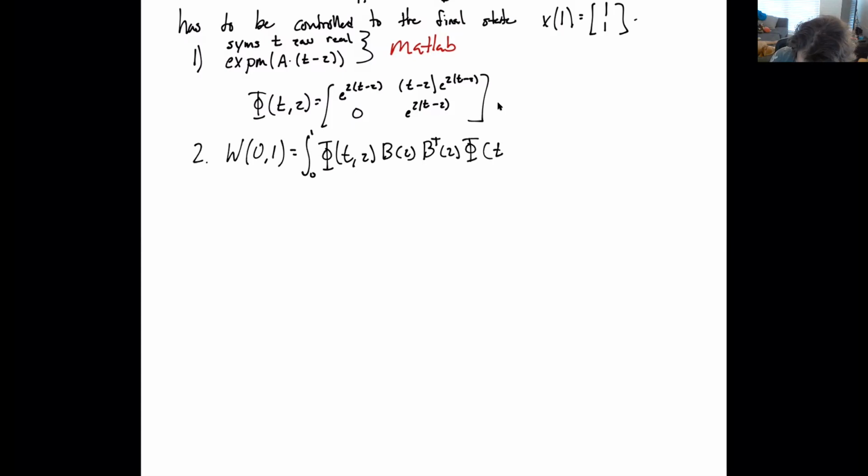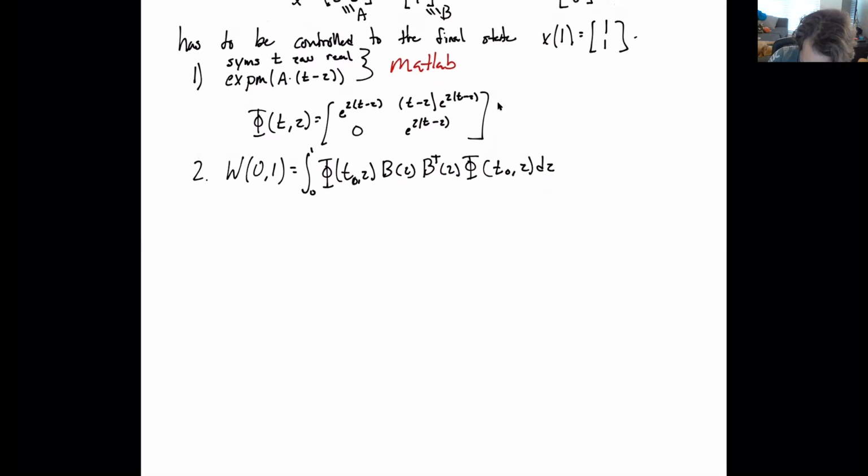This is from the definitions of our system. Note that our system is not time varying, so those time-dependent terms go away.